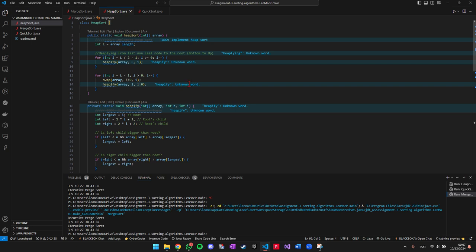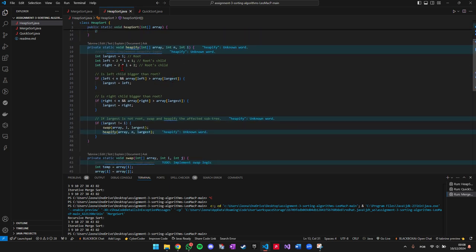So the root is the highest number, and the tree grows from the highest number to the lowest. So yeah, that's the max heap, starting from the leaf and storing the highest number at the root.